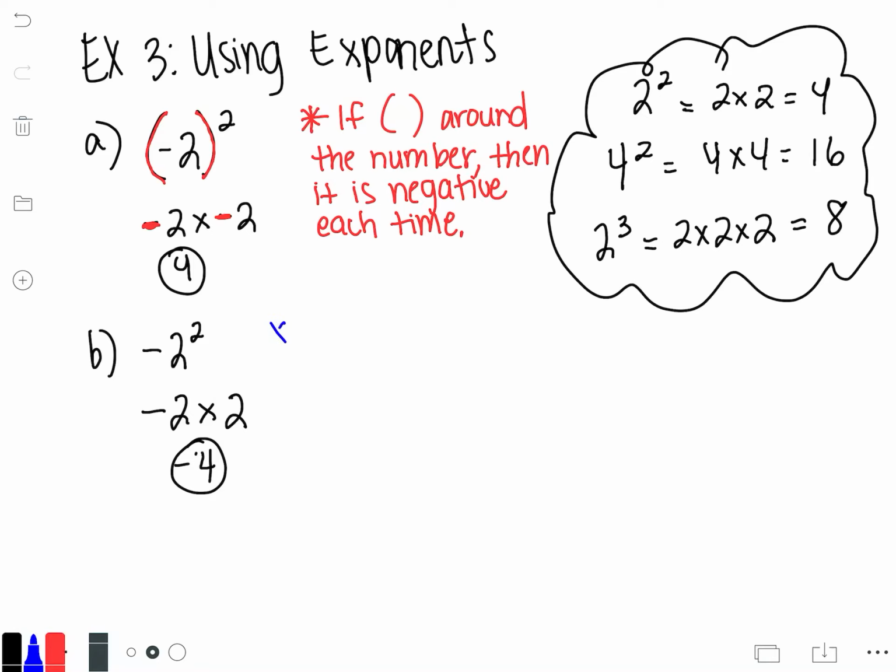Then over here, if no parentheses around the number, then there's only one negative sign.